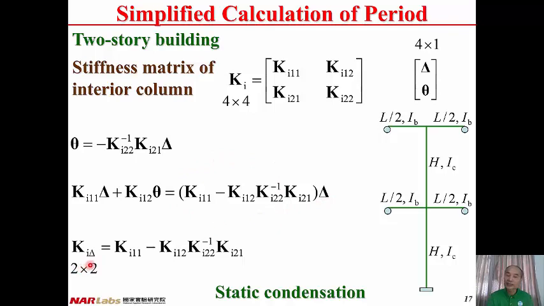We call it Ki delta because only lateral displacement degrees of freedom are left. And Ki delta equals Ki11 minus Ki12 times Ki22 inverse times Ki21. Originally, the dimension of the matrix is 4 by 4. But after static condensation, the dimension of the matrix becomes 2 by 2.